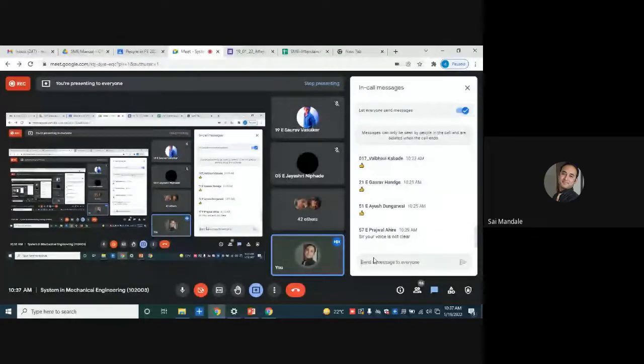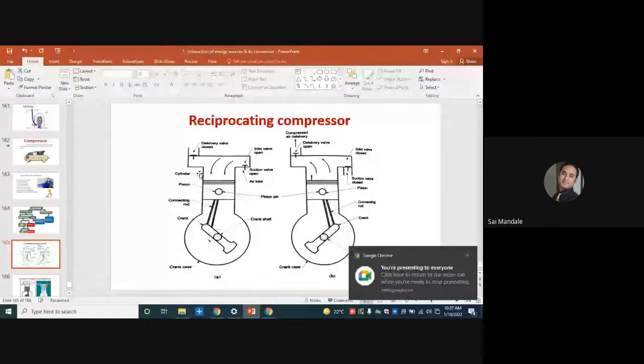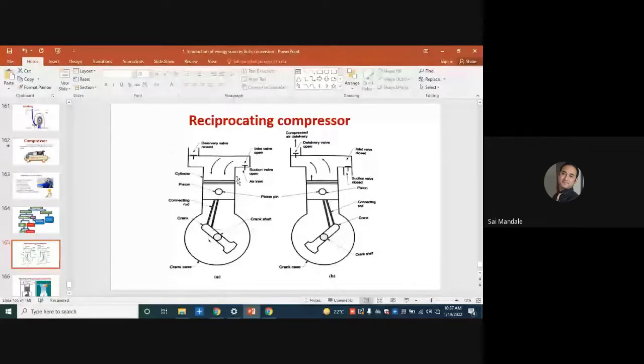Very good. Now, the five or six parts are very important, and you are already aware of the cylinder, piston, connecting rod, crank, crankshaft and crankcase. Only two additional parts are there: the suction valve, or inlet valve, and the delivery valve.